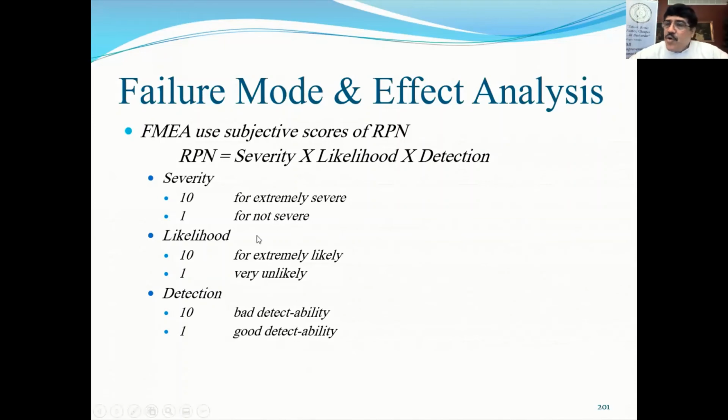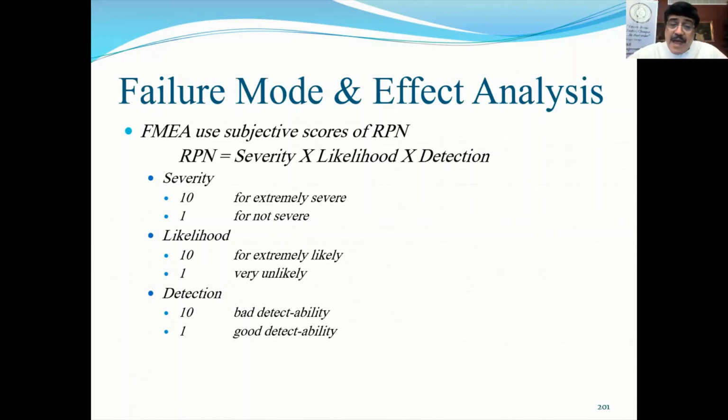Again, it's a score from 1 to 10. If this failure mode is extremely severe, you give it a score of 10. If it's not severe, you give it a 1. For the likelihood, if it's extremely likely, you give it 10, because this is what risk is: how likely something will happen, and if it happens, what's the severity.